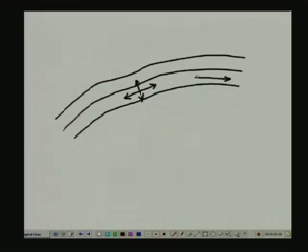Similarly, when we come near the right of this particular sketch, then the alignment of our principal planes is going to be like that, and consequently the alignment of the principal stresses is also going to be in that manner. So principal stresses typically follow the topography, and they typically follow the pattern of the bedding planes.